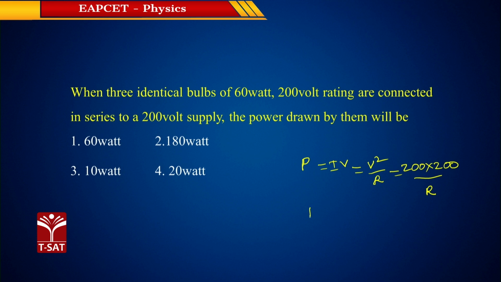Bulb power P is equal to V square by R. Therefore here, power P is equal to V square by R, or R is equal to V square by P. This is the formula.